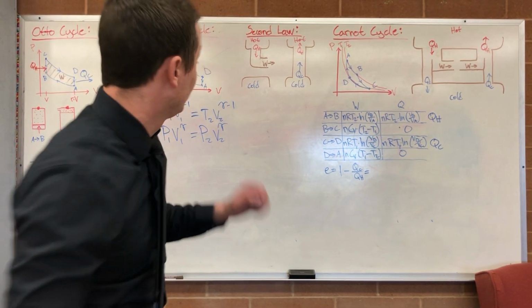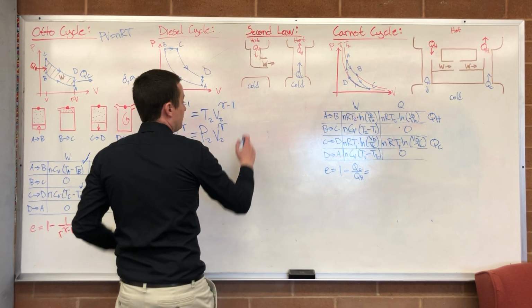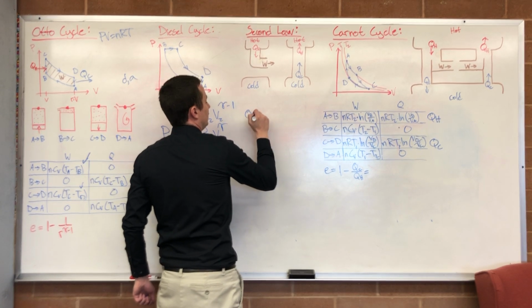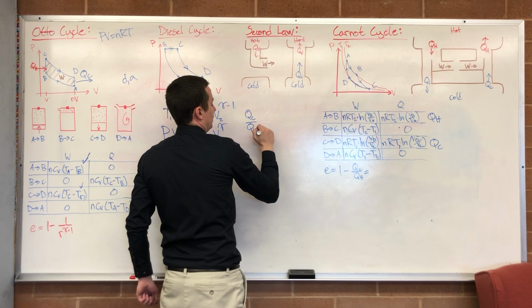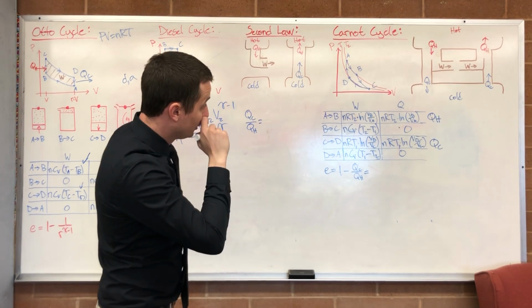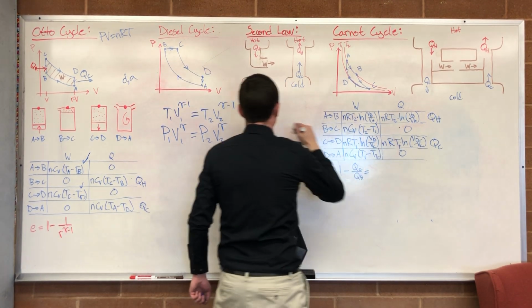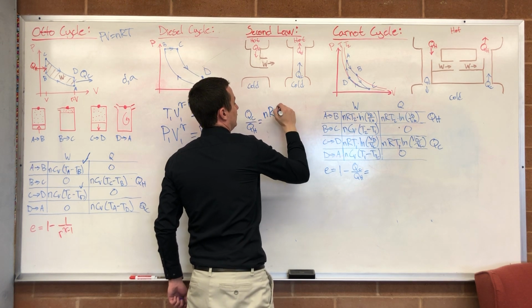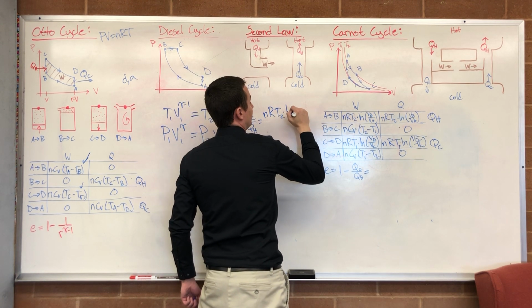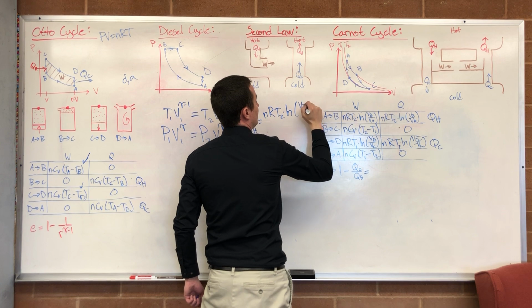Okay, so let's look at QC over QH then. So QC over QH, focus on that part, is going to be this over this. So nRT2 times the natural log of VB over VA, that's QH.